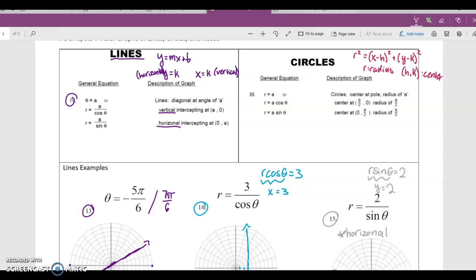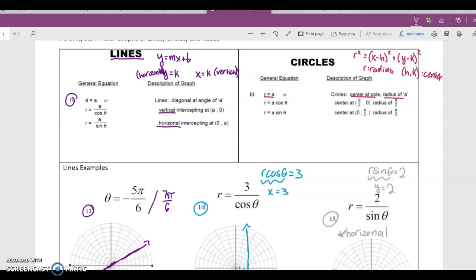So quick review of what that looks like in Cartesian points, because now we're going to transition into polar points. So you can either have r equals a, and when r equals a, this is just saying that your radius is a, you're centered at the origin, and again, radius is a. You can have r is equal to a cosine of theta.